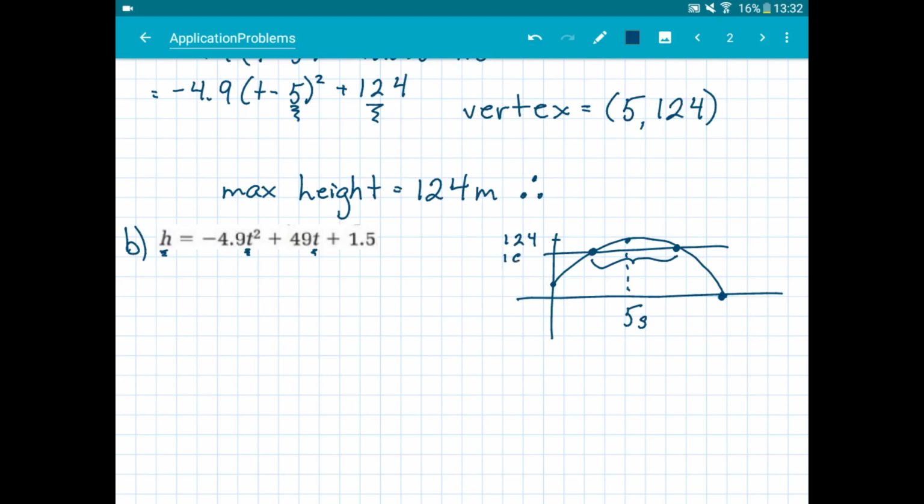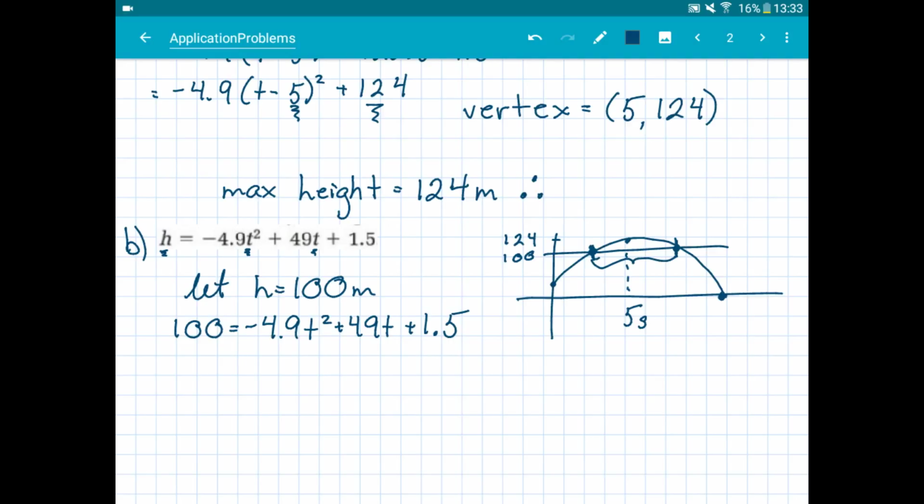Okay, so it's clear that the height here for both of these cases is 100. So let's let h be 100, and now we find out the consequences of that. So 100 is equal to minus 4.9 t squared plus 49 t plus 1.5.